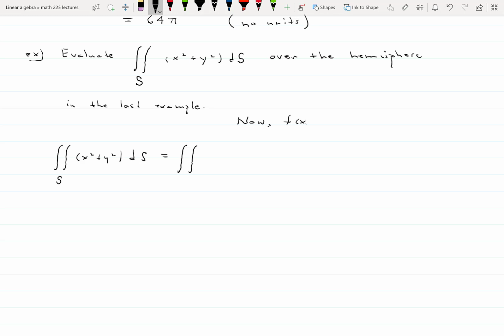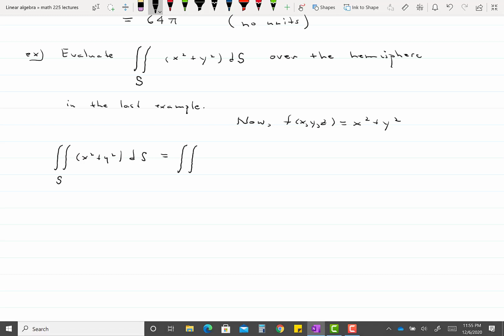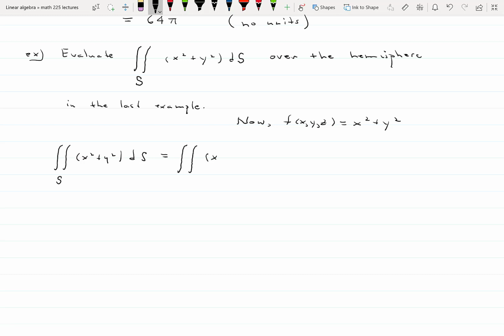Now f of x, y, z equals x squared plus y squared doesn't involve z. So there's nothing to stuff into x squared plus y squared because the surface is given as z equals a function of x and y. There's nothing to substitute in. F of x, y, and z on the surface is just x squared plus y squared.